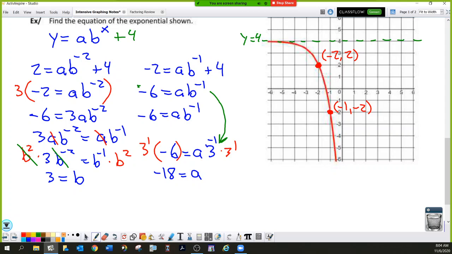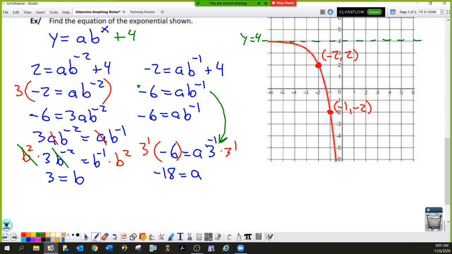But wait a minute. That's a really big number, isn't it? Wouldn't that imply that there's some kind of ridiculous vertical stretch going on? Okay. I've never had you graph anything like that before, have I? No. Here's the brain stretch that I'm asking you to have.